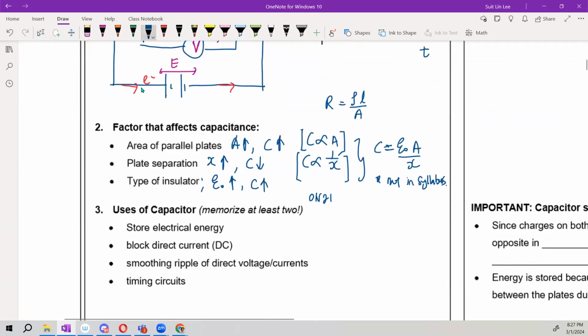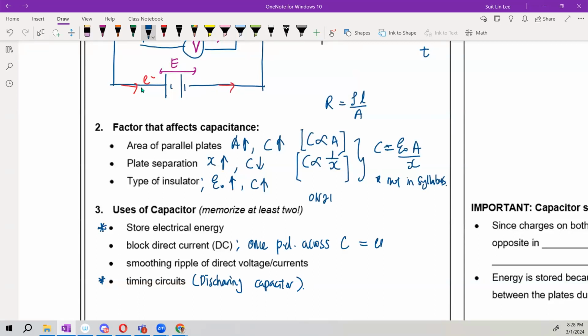The main use we're going to look at in this chapter is the first one, to store electrical energy and to use it as a timing circuit, because we will study the discharging capacitor. It can be used to block direct current because once the potential difference across the capacitor is equal to the EMF, no current flows.